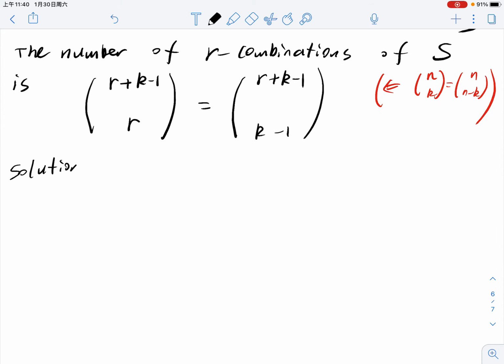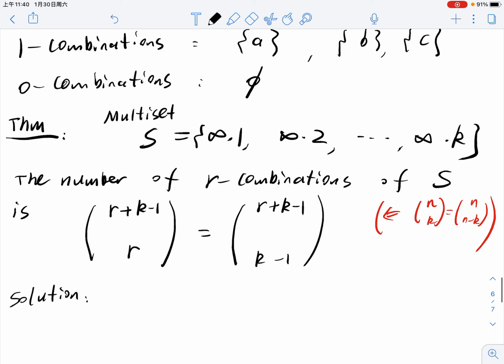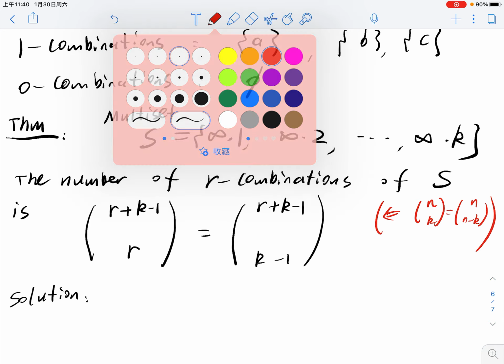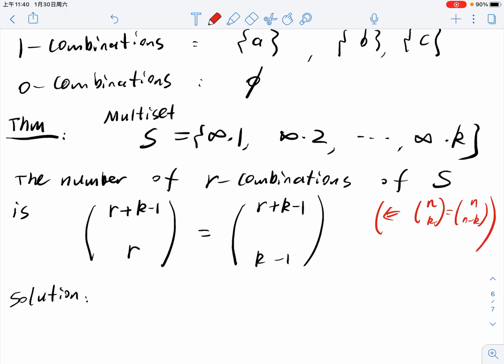Okay, and I should mention that this is a very important theorem so far, and the proof also gives you some general idea how we carry out strategies in combinatorics. We always transform a problem into a simpler one, and finally to a model we already know.